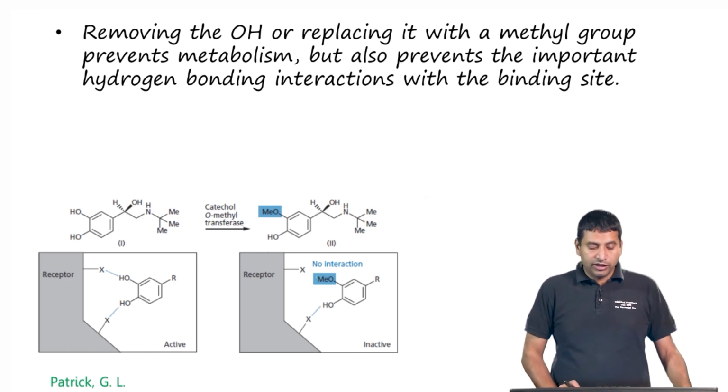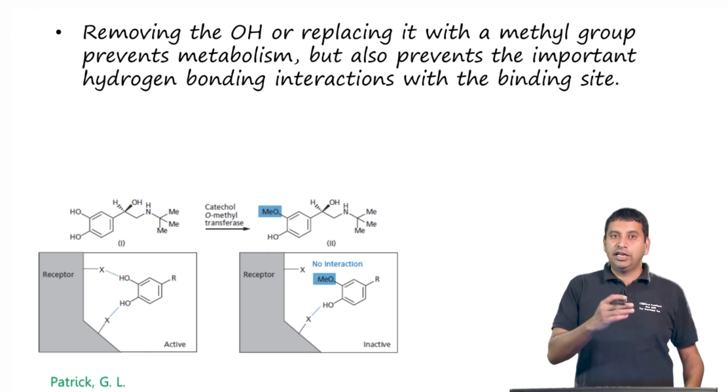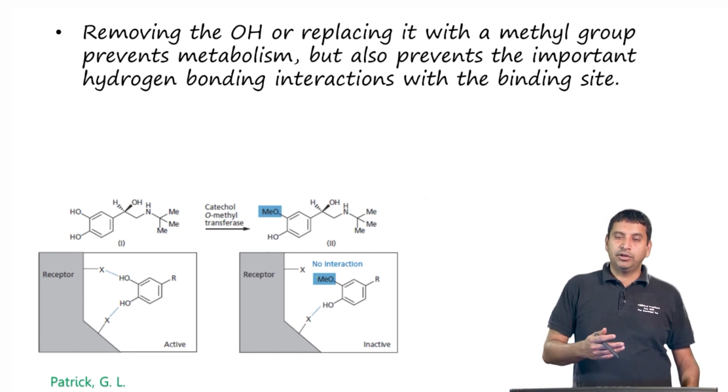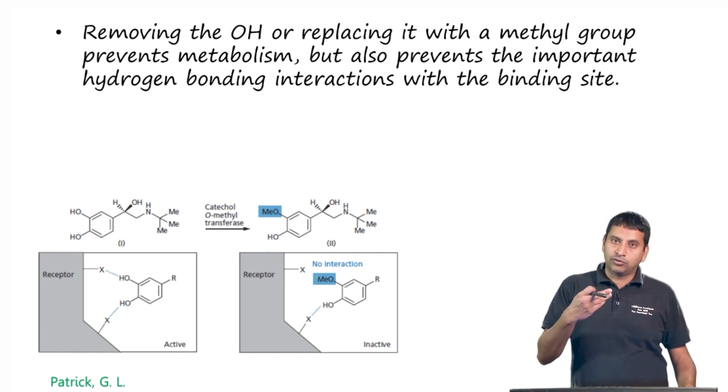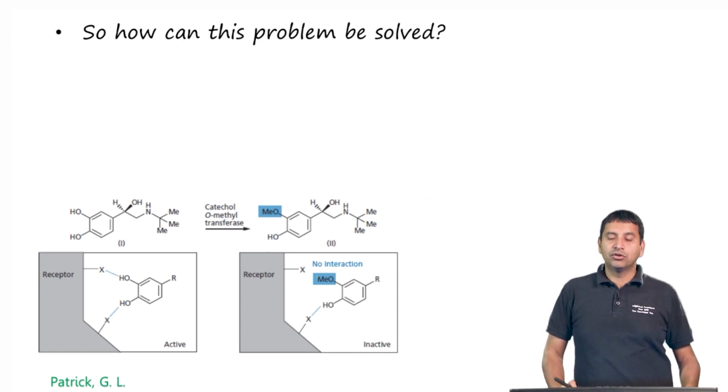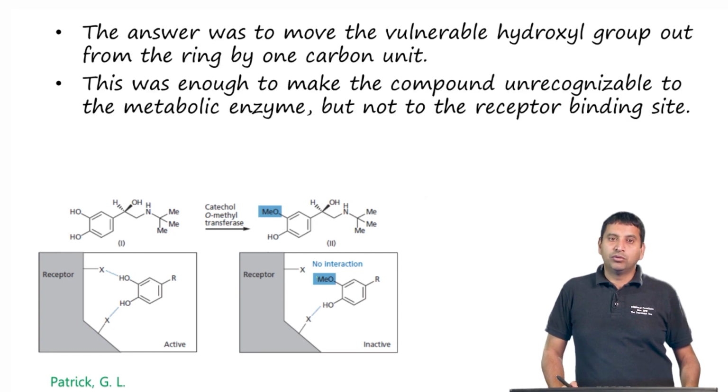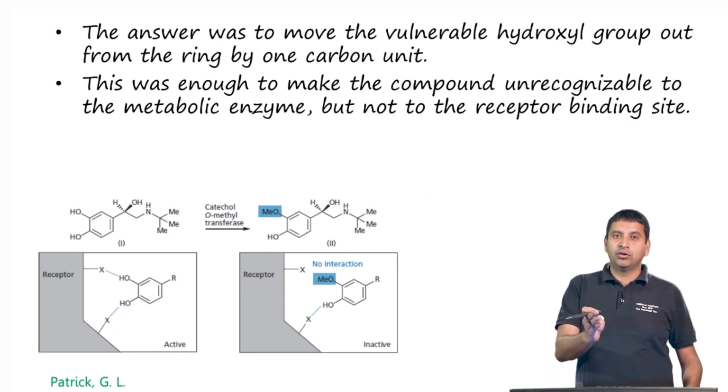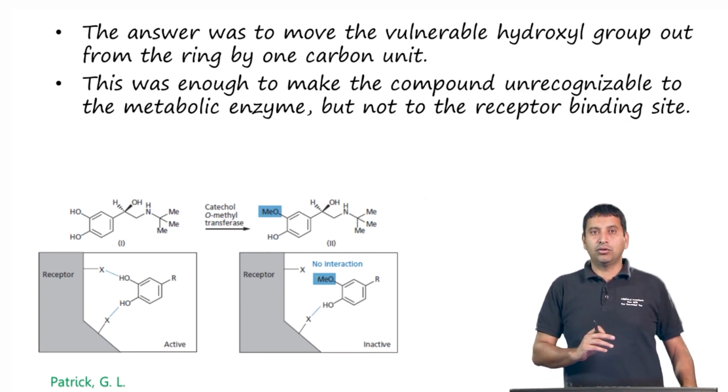So, therefore, we are in a situation wherein we need the hydrogen bonding capability, but we can't put a phenol ring there because it is going to get methylated. So, this problem can be solved by shifting the group. What we do is we shift one of the phenol groups to make it a benzyl alcohol. Okay.